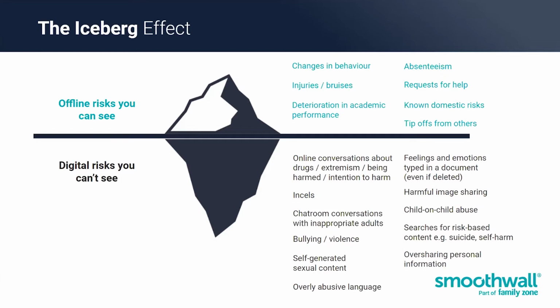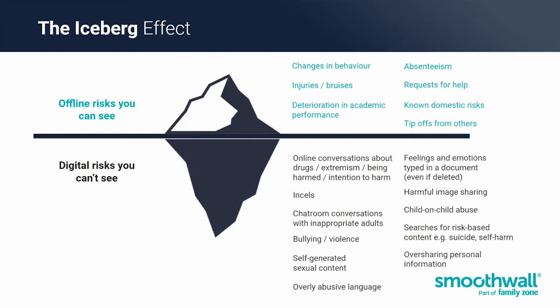You've got things like searches. What they're actually searching for online can be a big indicator. Most students use Google as their gateway to the internet. So if they're looking to harm themselves, they will probably go to Google and type in how to harm myself. So it's that kind of thing that a web filter might pick up as well. But with monitoring, you get that whole context around it.